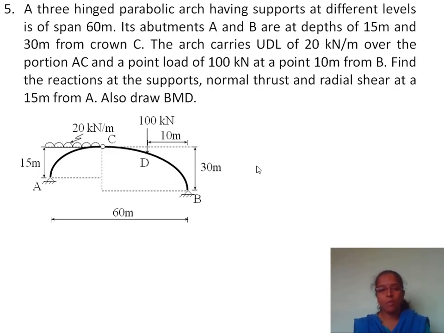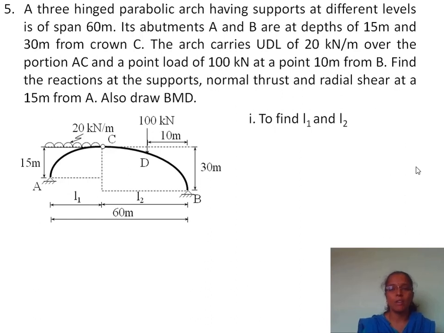Before we start the calculation of reactions, we have to find the lengths of the segments AC and BC, that is L1 and L2. Let L1 be the distance of C from end A and L2 be the distance of C from B. To find L1 and L2, we have to use this equation: L1 by root H1 is equal to L2 by root H2, that is equal to (L1 plus L2) divided by (root H1 plus root H2).